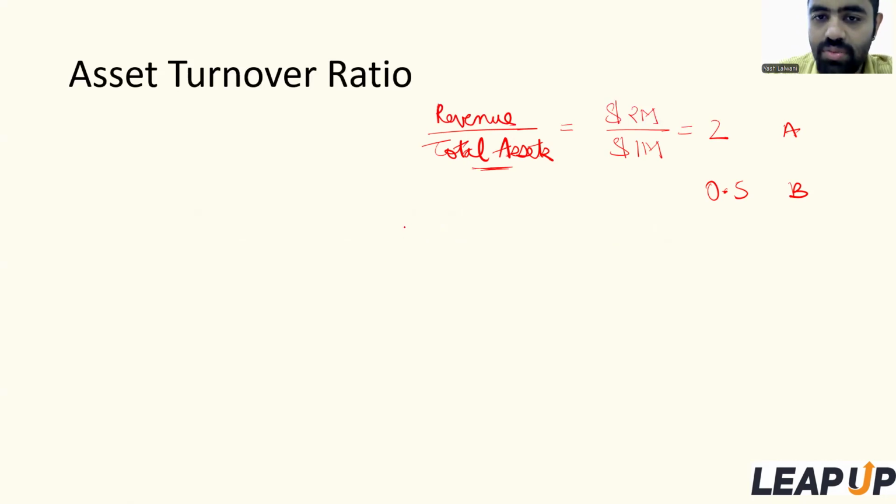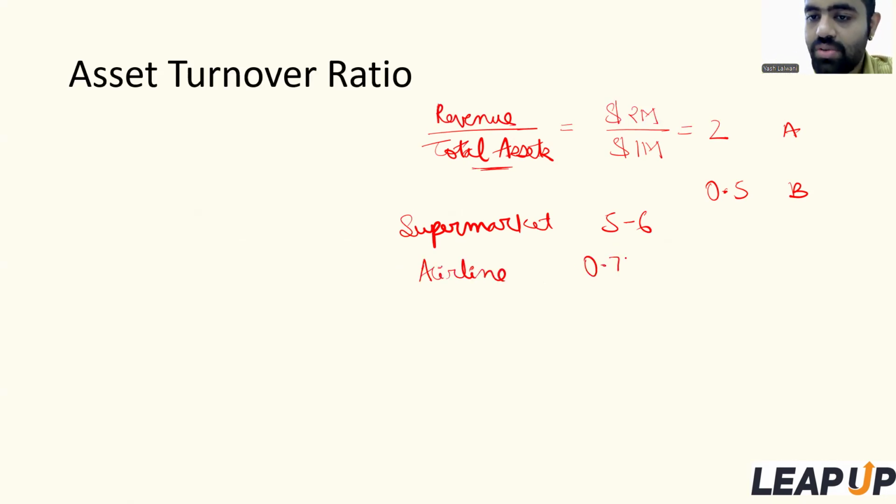Let's assume that there is a supermarket which sells fast moving consumer goods and it is doing an asset turnover of 5 to 6 times. Let's assume there is an airline which is able to do an asset turnover of 0.75. So, can we say that the supermarket is a better business as compared to the airline just by virtue of this? The answer would be no.